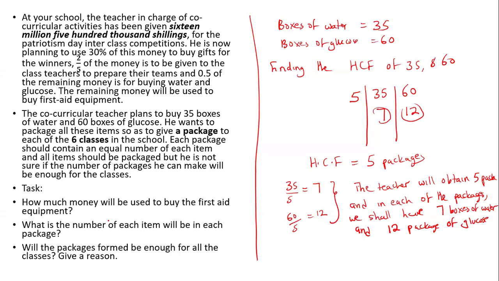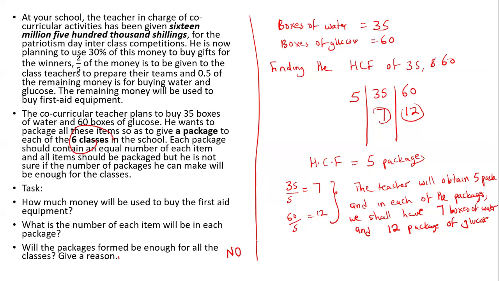Now the question is, will the packages formed be enough for the older classes? Give a reason. Here your response is going to be either yes or no. Our response is going to be no. Why? Because we can only form 5 packages if we are to share equally, and the school has 6 streams.